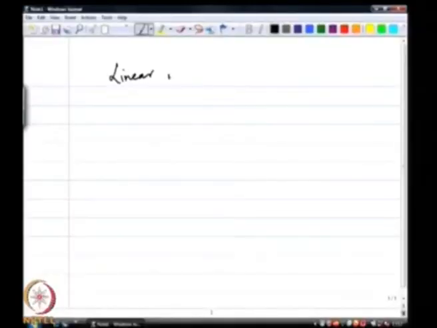Good morning. We will continue our discussion of linear instability analysis, and we will start by quickly recapping what we did the last time.